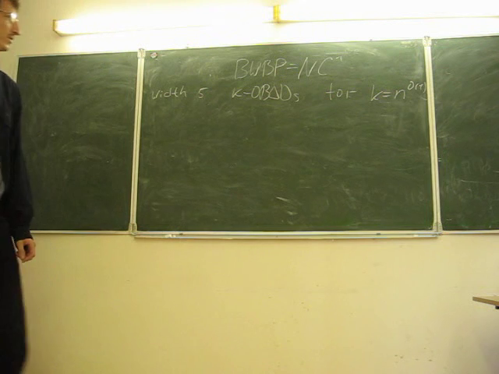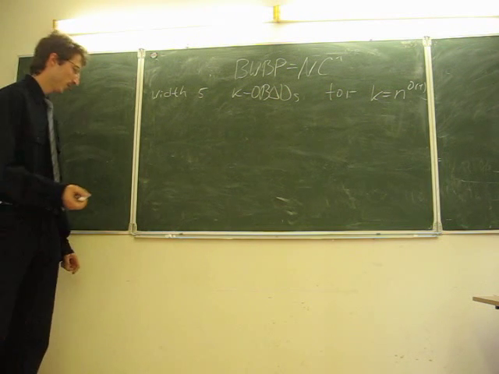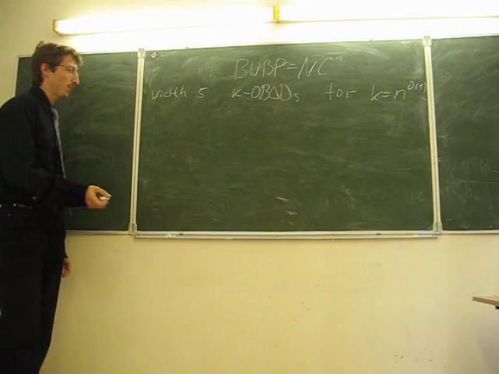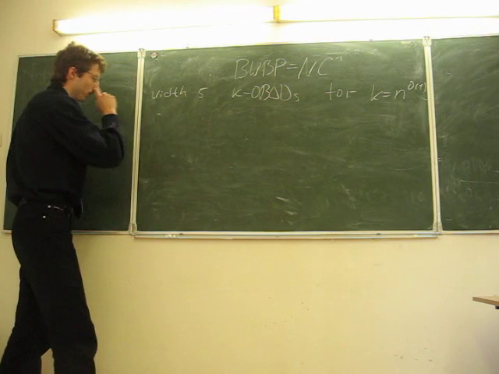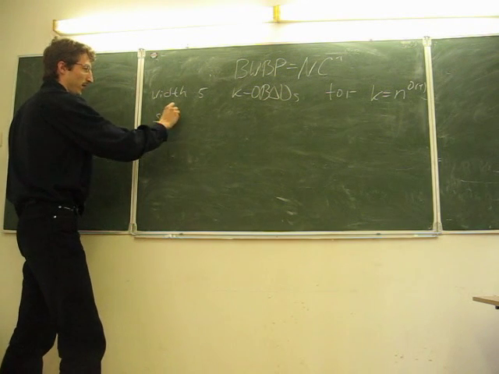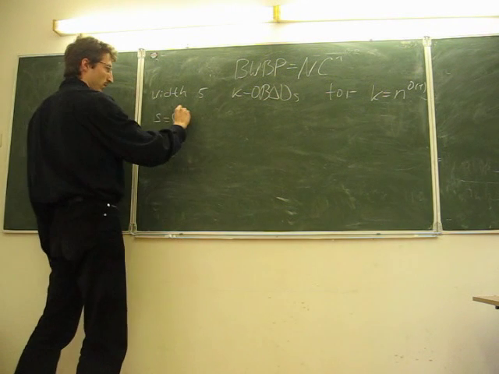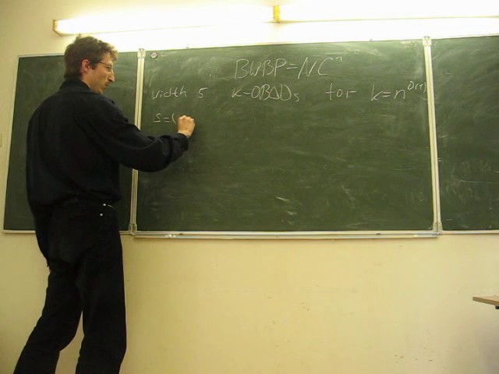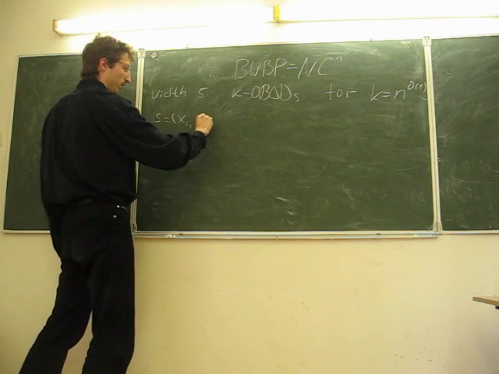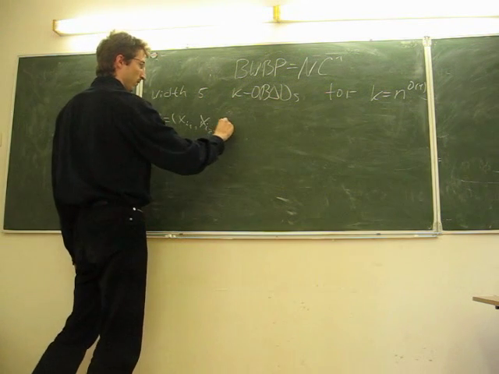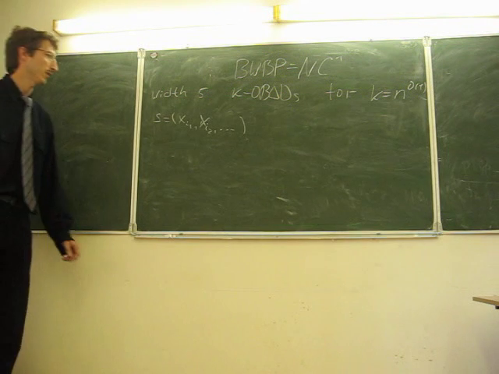So now maybe some definitions. We call the branching program, and now let S be a sequence of variables, a finite sequence.